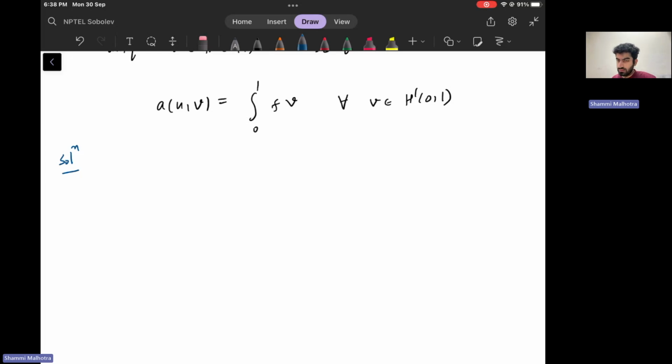Actually we already have all the setup, so it's just an application of Lax-Milgram. But there's one more thing which I have to prove: u has to be in H2, so that is something we would like to prove.